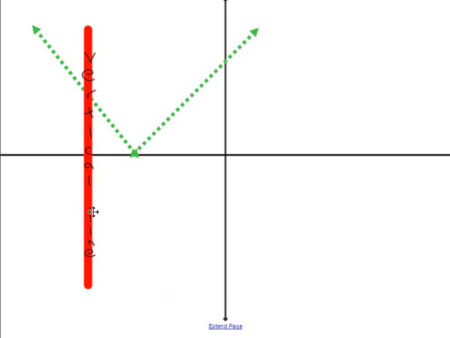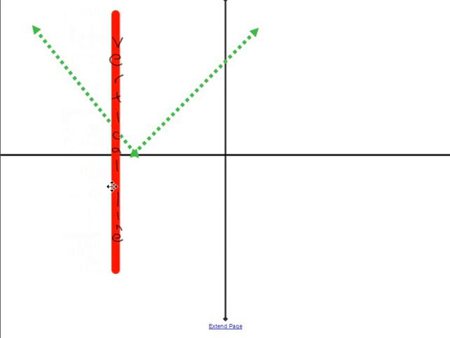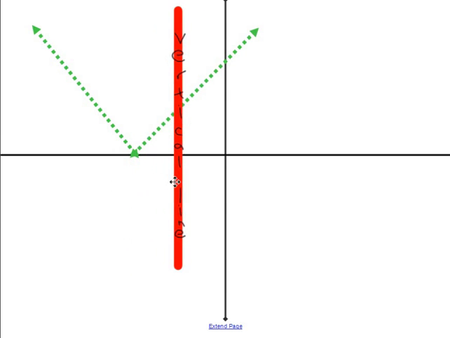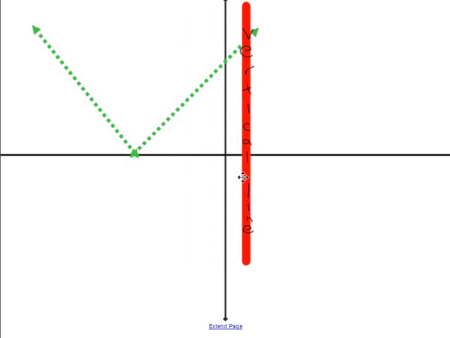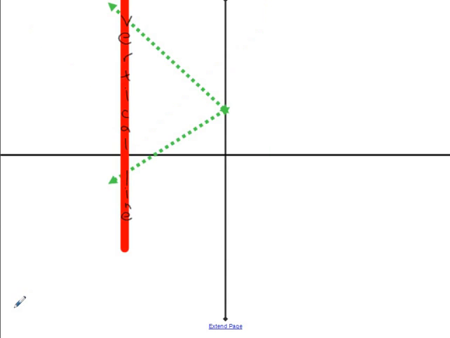This one, I slide it from here all the way across here, there's no point that my vertical line is touched by the graph twice, and so this is a function. But this one, you can already see that right here and right here, those are two places where my vertical line is touched.